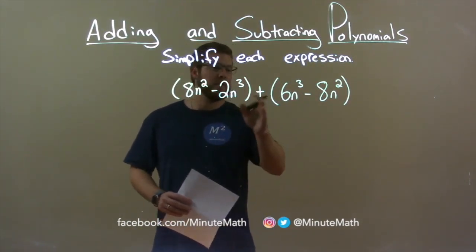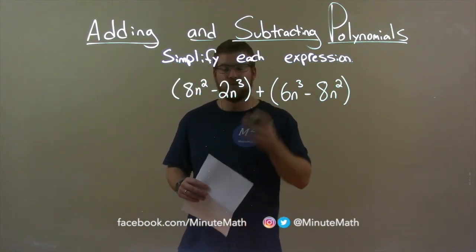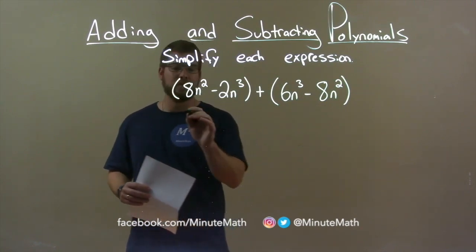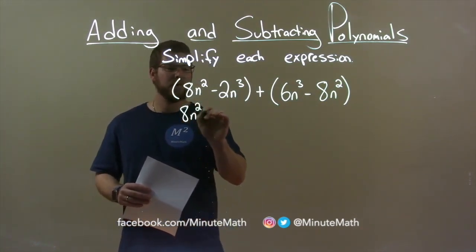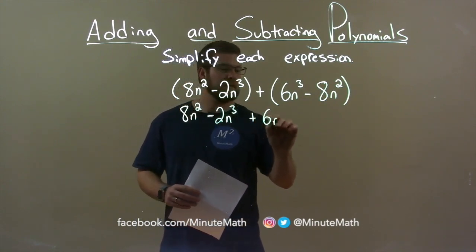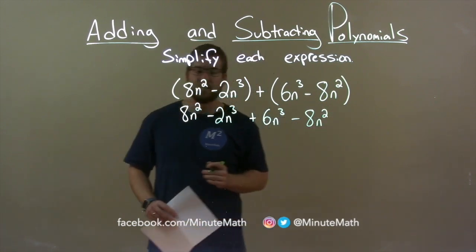We have a plus sign in between, and really, that doesn't change anything within the parentheses. So what I can do now is rewrite this without the parentheses. 8n squared minus 2n to the third plus 6n to the third minus 8n squared.